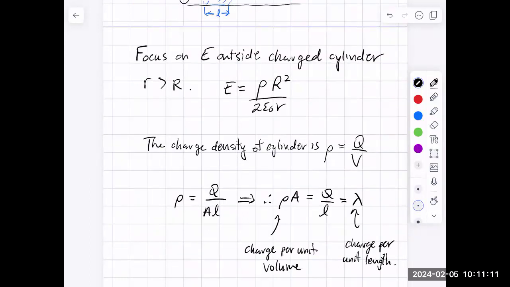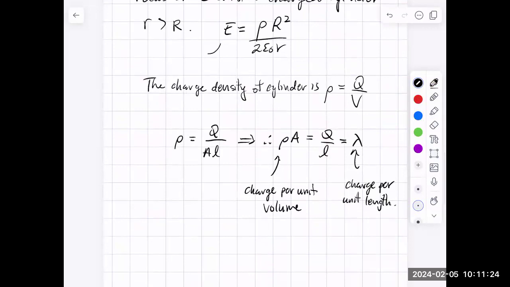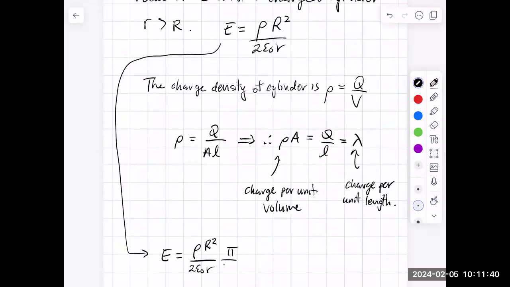So what I want to notice is that we have this expression here, rho times r squared. Let's take this electric field expression: E is equal to rho r squared over 2 epsilon naught r. I just wrote down exactly what we had, haven't made any changes. Here's what I'm going to do: I'm going to multiply the top by pi, and multiply the bottom by pi. So I'm just multiplying by 1 in a funny way.